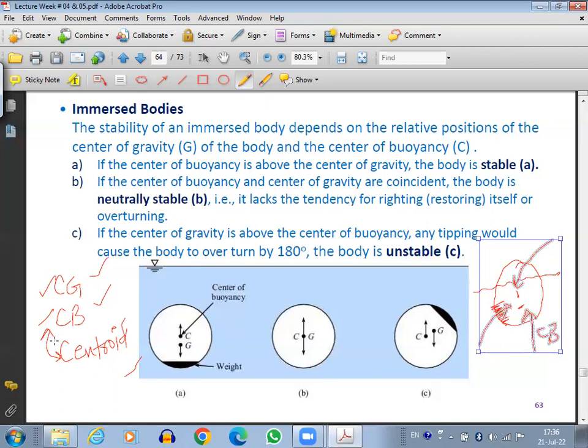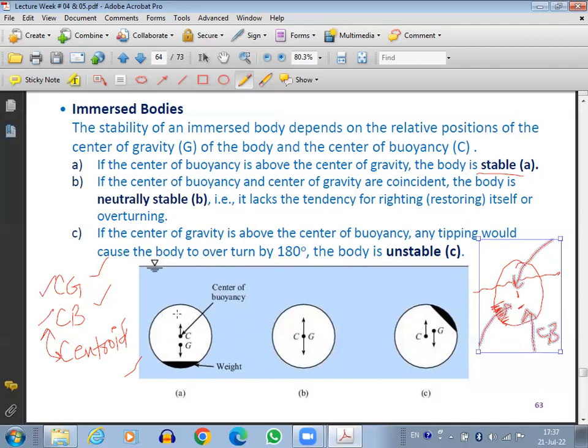Now we have three conditions. If the center of buoyancy is above the center of gravity, then this object is considered stable. If you produce a little disturbance in the object, there is a righting moment, which is going to bring the object back into the same position.